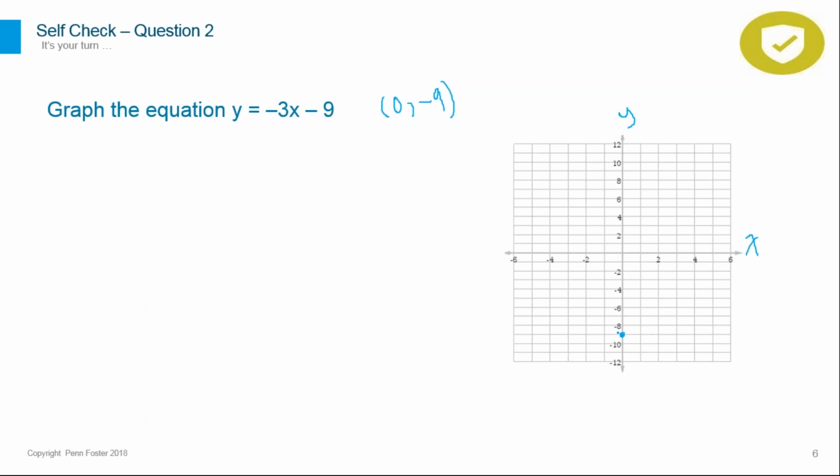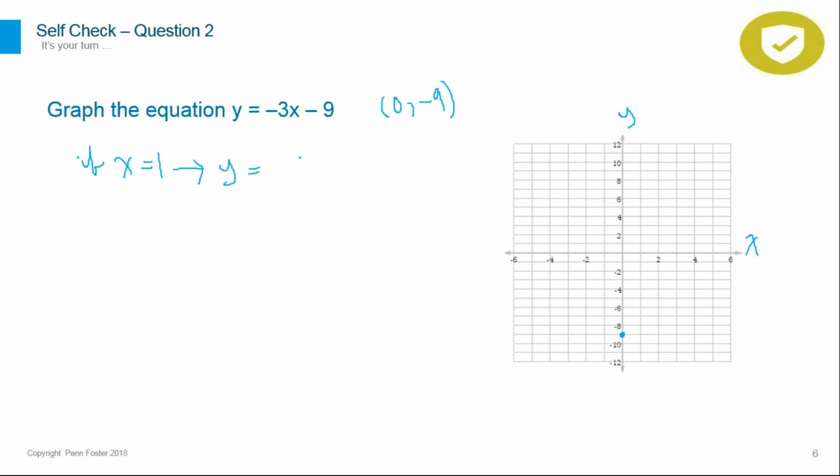The second point, I'll figure out by choosing a random value for x, and plugging in that value will give me the corresponding y. So let's try x = 1. I like working with 1 because it's easy to work with. So if x equals 1, then what happens to the y?